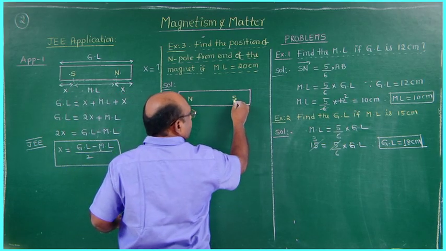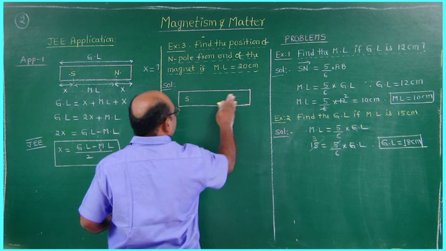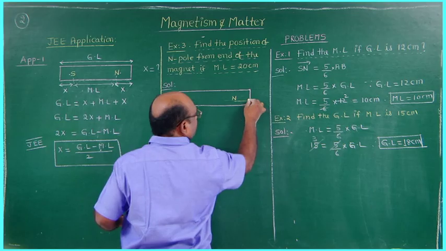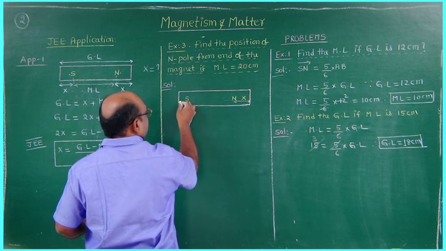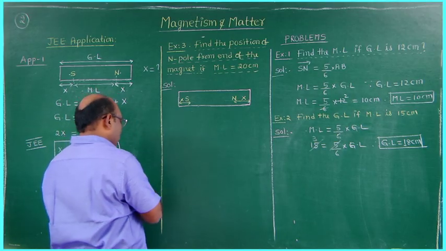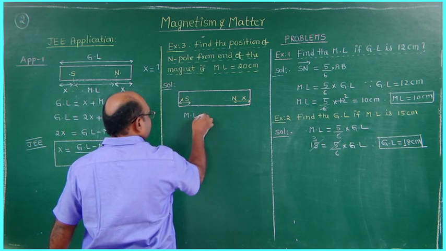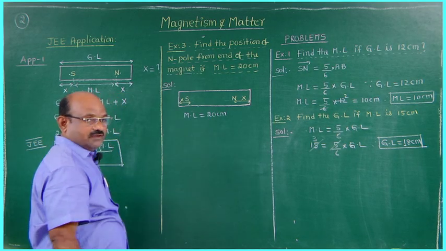The distance from the north pole to the end of the magnet is x. Similarly, the south pole to the end of the magnet is also x. So, they are asking for the x value, but actually they gave the magnetic length. Magnetic length is equal to, they said, 20 centimeter. That is the given data.